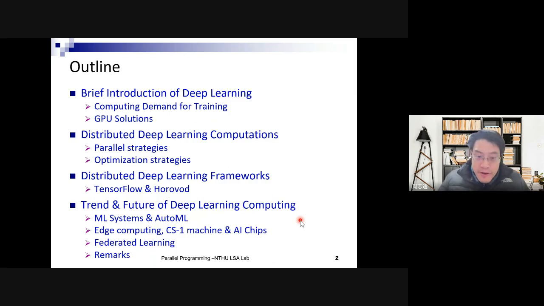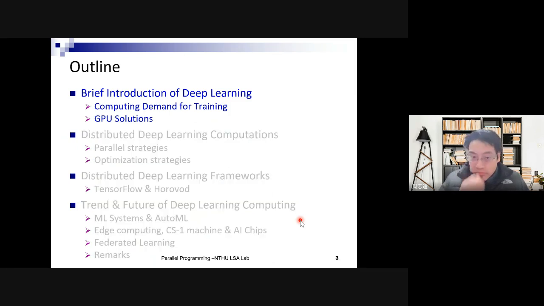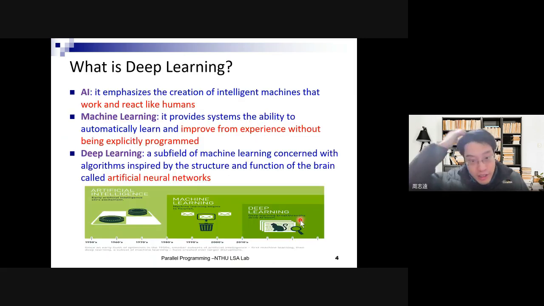Okay. All right. So anyway, there are still a lot of techniques that need to be developed in this field. Okay, it's not just about the algorithm. Okay, all right. So first of all, what is deep learning?